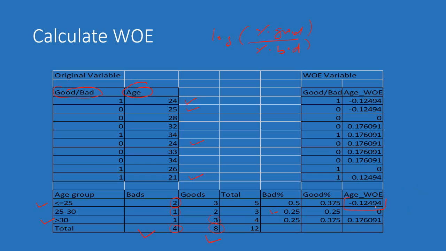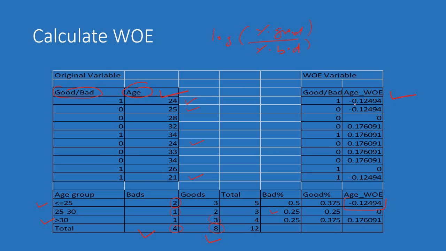So these are the values that we are going to use for modeling instead of the original variable. This is the original variable, and this is the transformed variable, age underscore WOE. So in place of these values, for example, when the age is less than or equal to 25, one has to use the value minus 0.124.